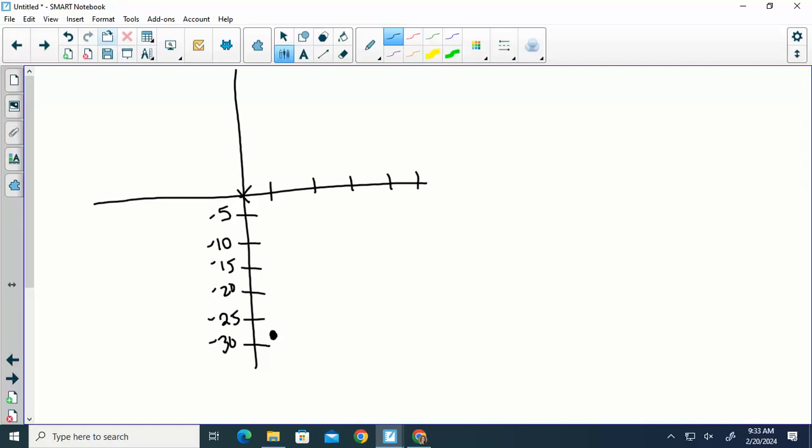Oh, whoops, I put that as 0. There we go. And plot your x and y intercept. So our x-intercept was 0 and 4, y-intercept was 0. So we've got that as well.